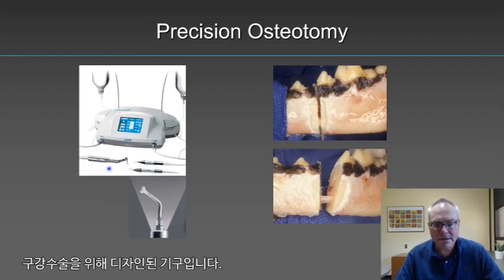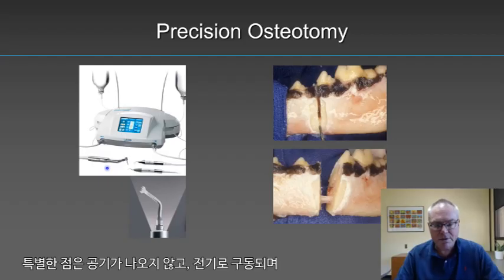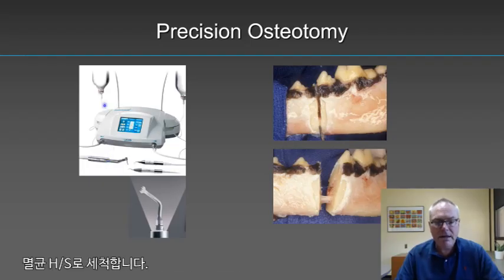This is designed for oral surgery. What makes it so special is that there is no air coming out of the handpiece. It is electrically driven, and it's also a closed system that irrigates the area with sterile Ringer's lactate solution.